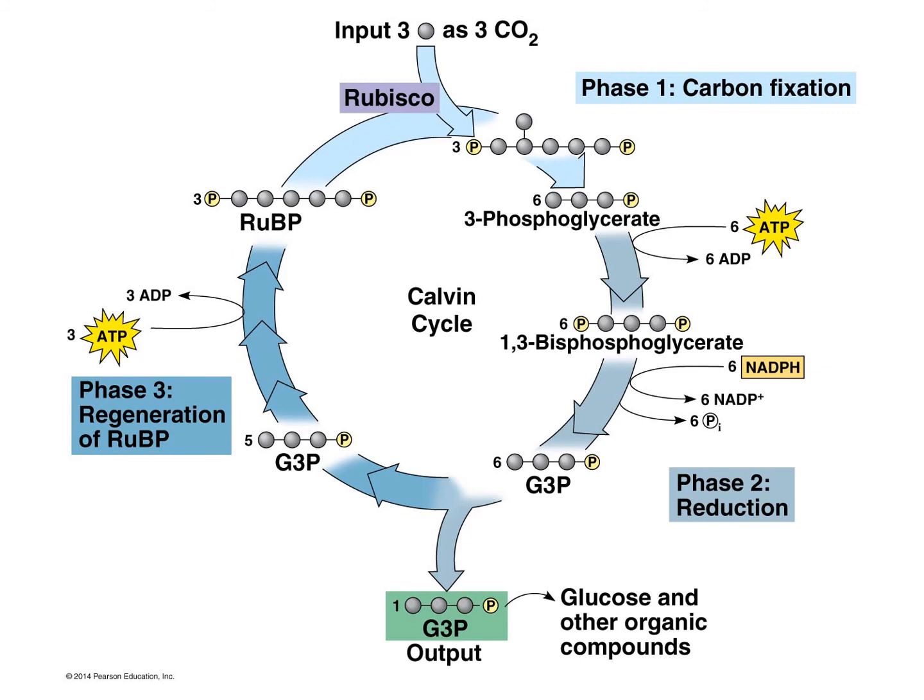So now technically, the output of the Calvin cycle is actually 1 molecule of a 3-carbon sugar called G3P. It takes 2 turns of the cycle, a total of 6 CO2s, to fix enough carbon to put those 2 G3Ps together to make 1 glucose.